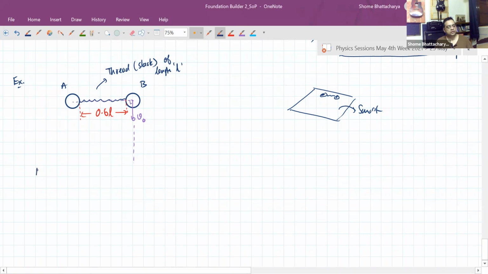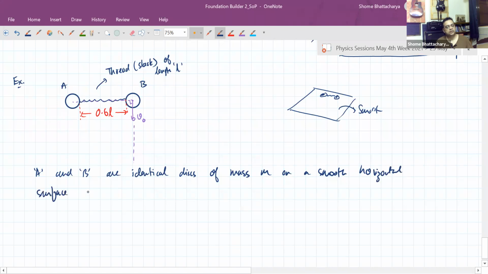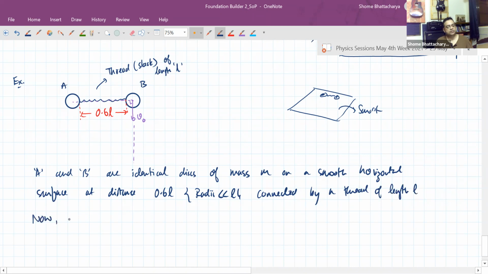Okay. So A and B are identical disks of mass M on a smooth horizontal surface at a distance of 0.6 L. Assume that the radii of the disc is negligible compared to this length L. And they are connected by a thread of length L. Now B is given an initial velocity V naught, perpendicular to the line AB.